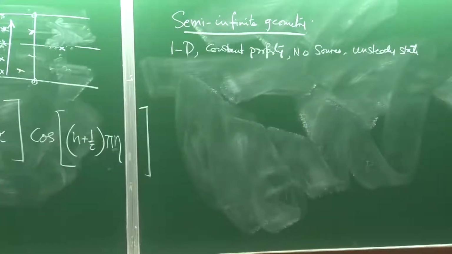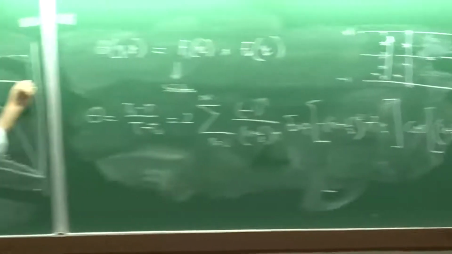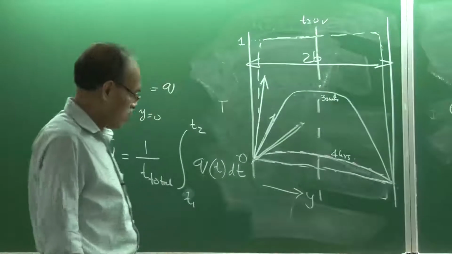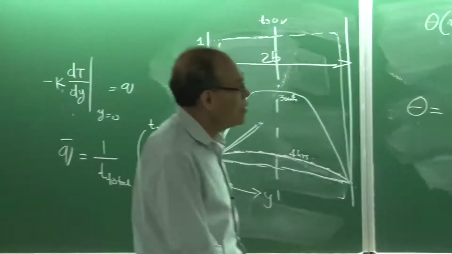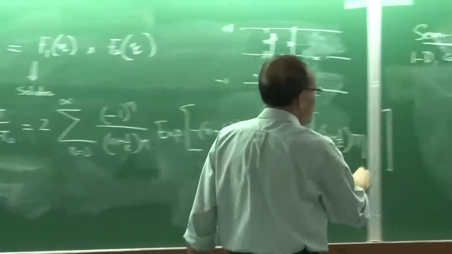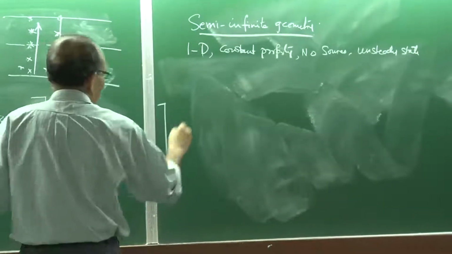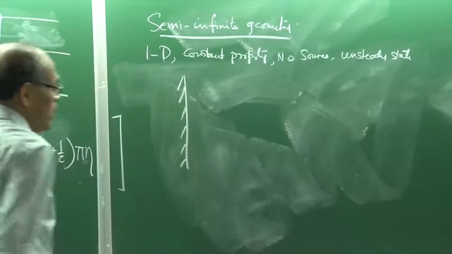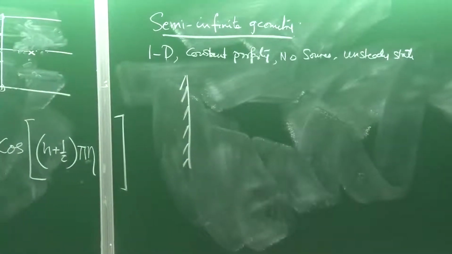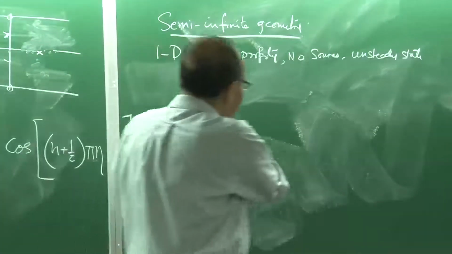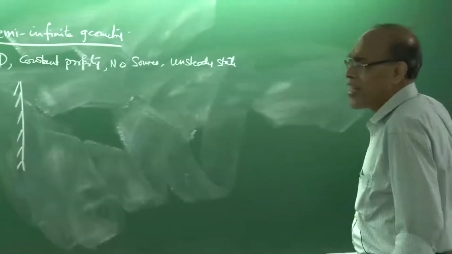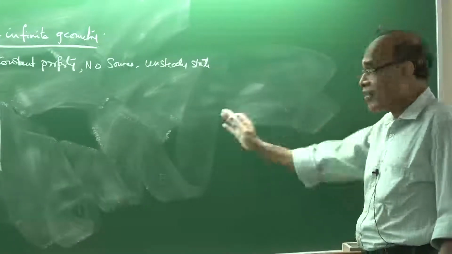This slab geometry which I have shown here has a width of 2b. For semi-infinite geometry we can say that one of the walls is finite and the other wall, or the slab thickness itself, is so large that you really do not see where the other end of it is.